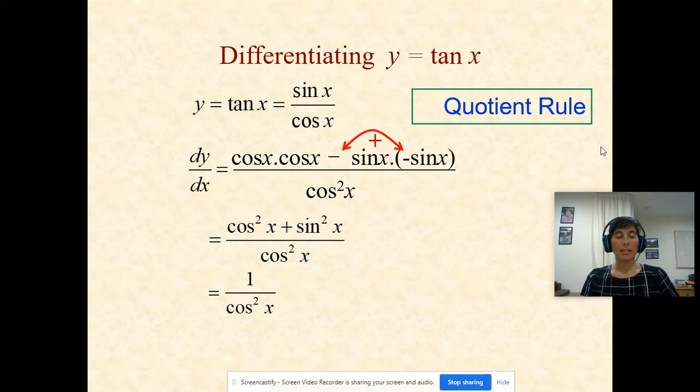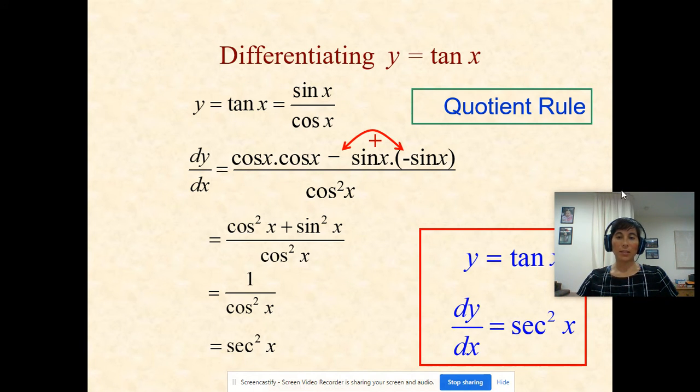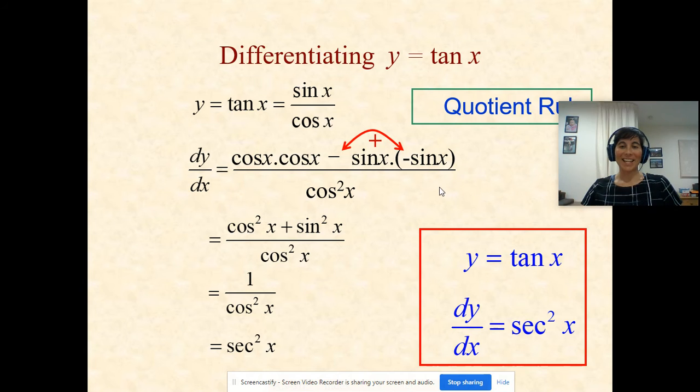Then we've simplified, so that's given us cos squared of x plus sine squared of x all over cos squared of x. We can use the trig identity that cos squared of x plus sine squared of x is equivalent to 1. So we have 1 over cos squared of x, which is equivalent to sec squared of x. So in other words, the derivative of tan x is sec squared of x. Again, this is on your formula sheet.